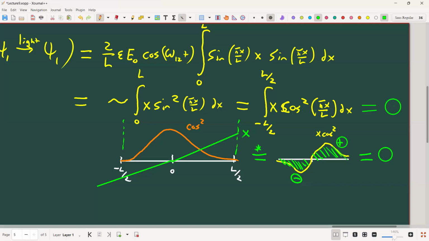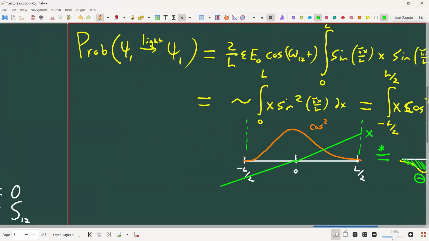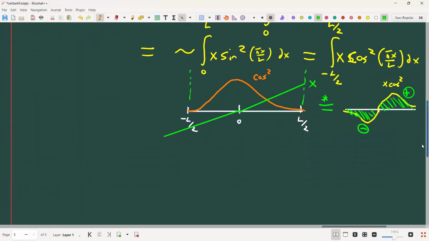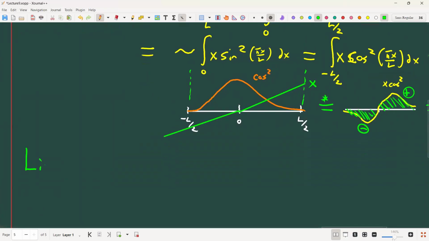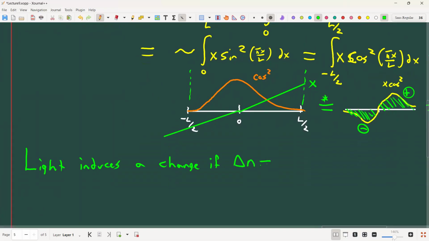All right, so what do we see? Well, what we see is that light induces a change if delta n between the states that are connected by the light is equal to 1.